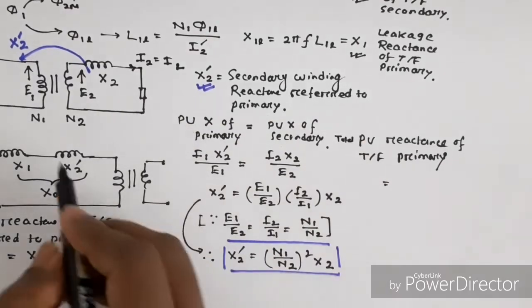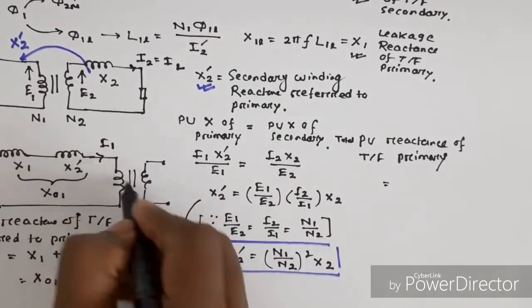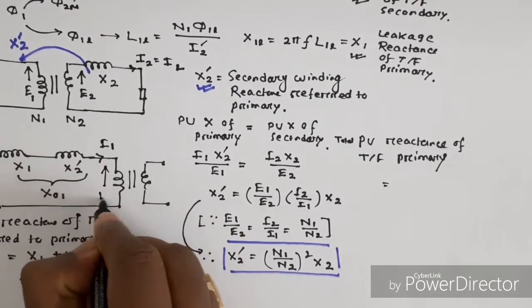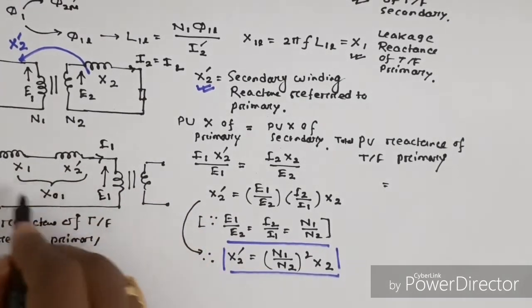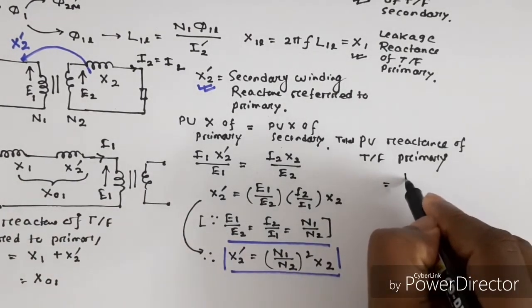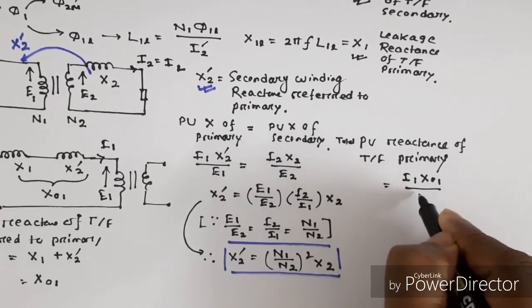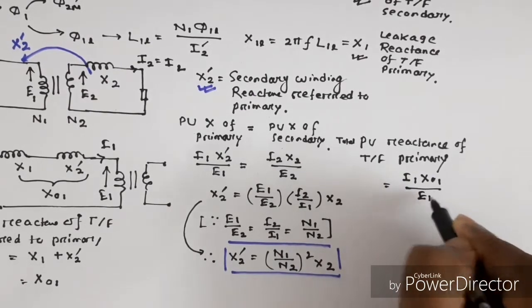This current is I1 and this induced EMF is E1 and total reactance is X01, so it is given by I1 into X01 divided by E1.